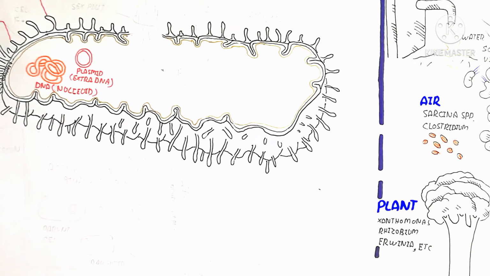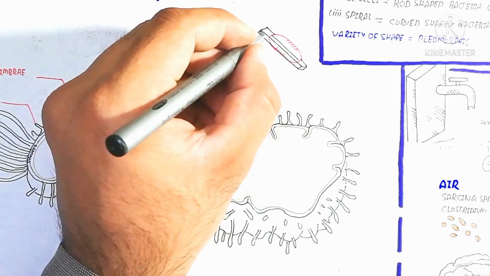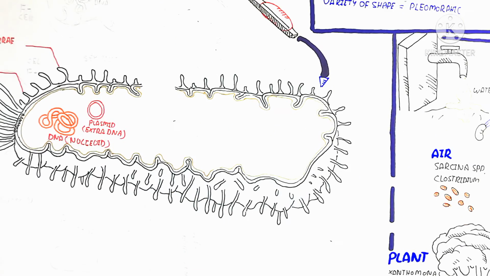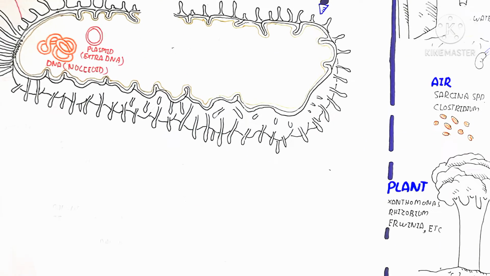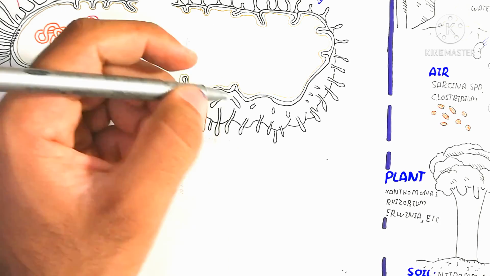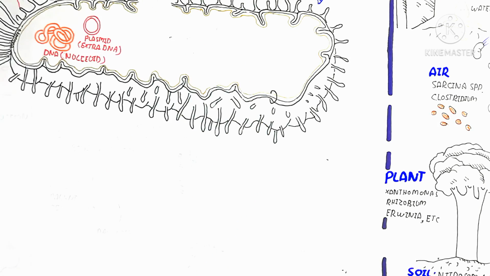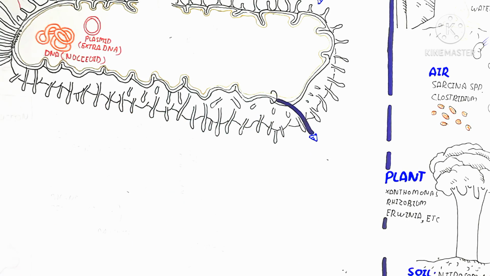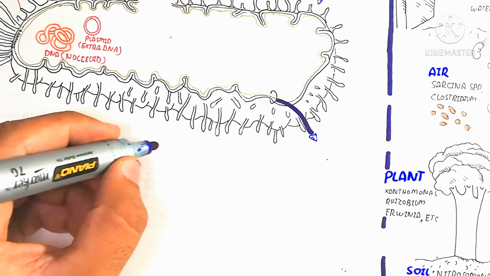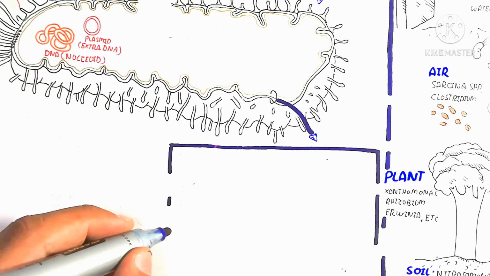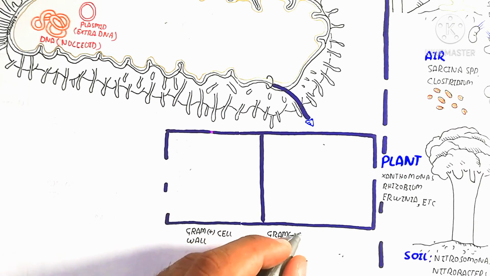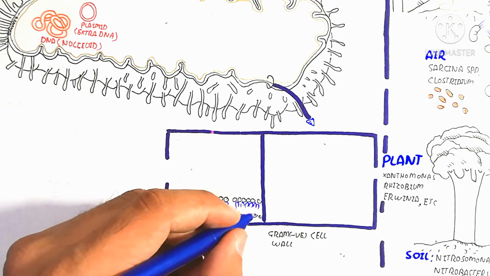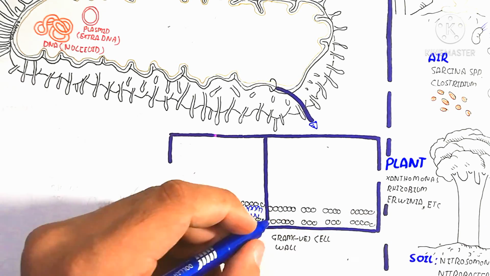The plasmid is extracellular DNA, also present in our mitochondria in a circular form, many small circular DNAs. The plasmid is used for the transformation from one bacteria to another. It is also used as a vector for the production of insulin in the biotechnological field.